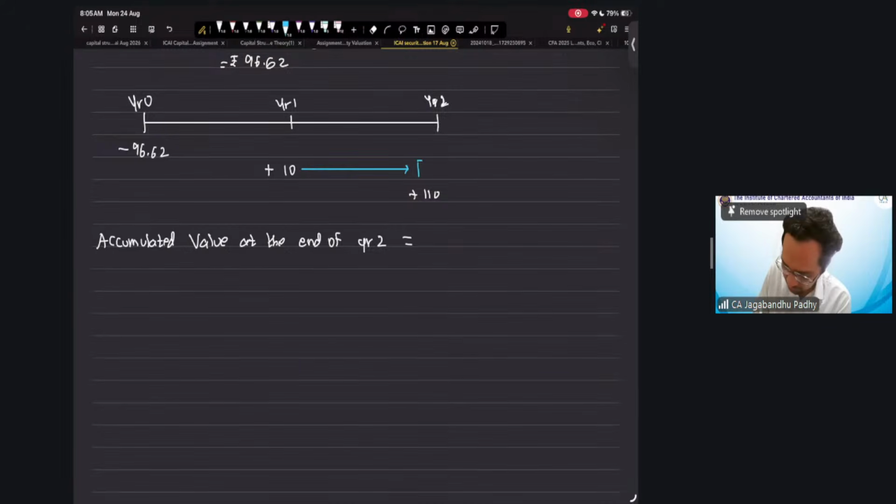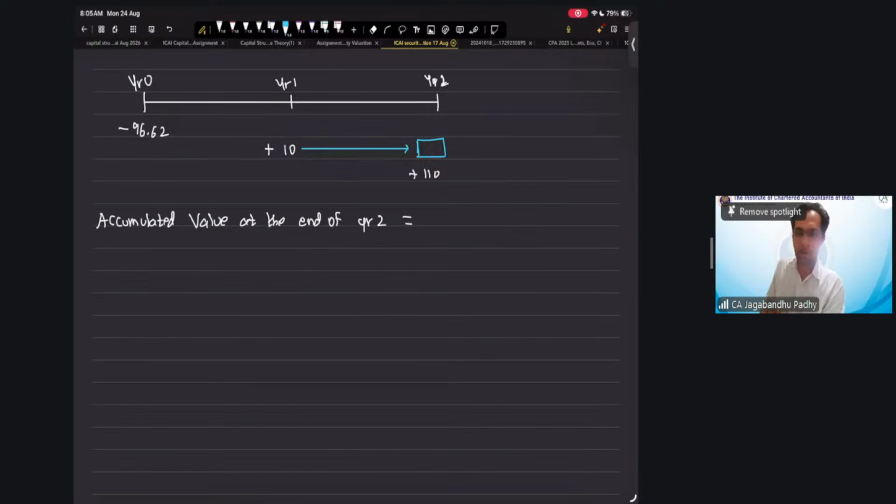The final value is going to be dependent on that part. So the accumulated value at the end of year 2 will be dependent on the reinvestment rate, which is the R over here.